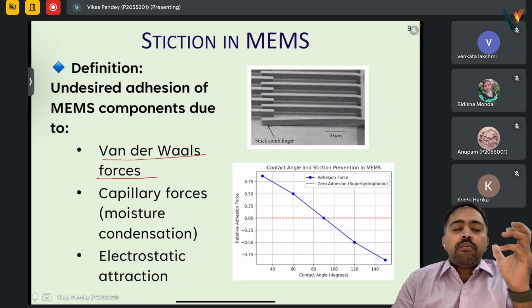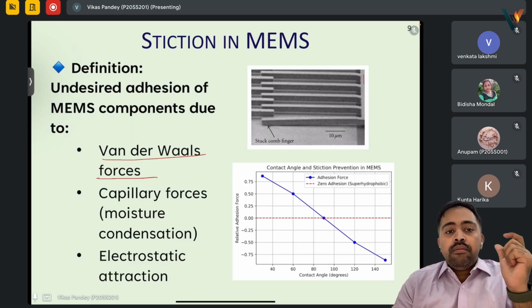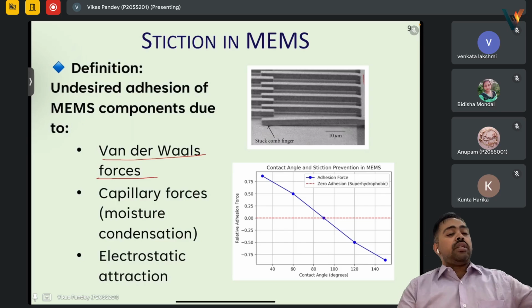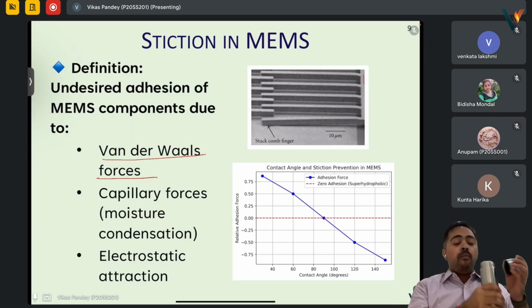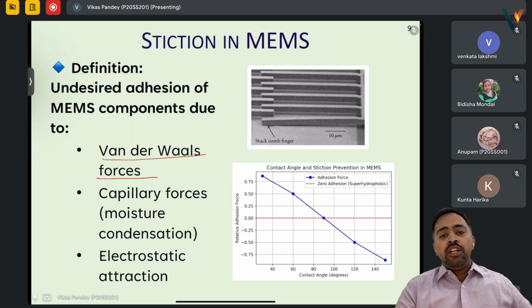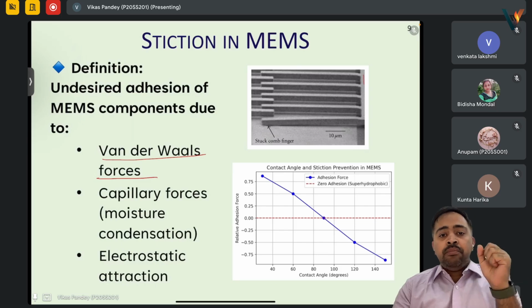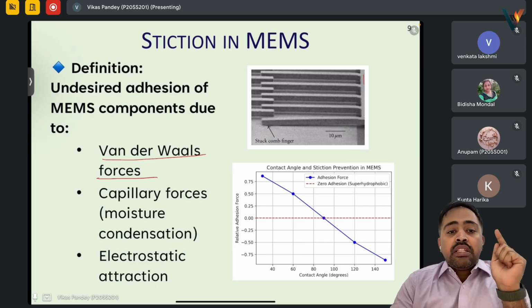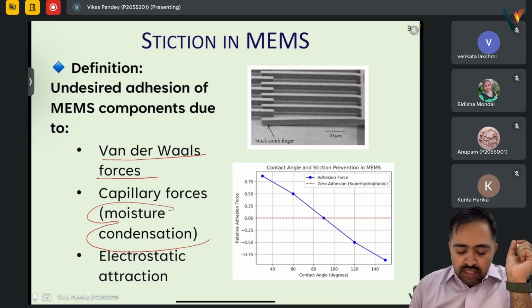Although here we are playing with electrostatic force, we are creating a field and all, still the effect of van der Waals forces sometimes is so much that it will lead to stiction in the component.